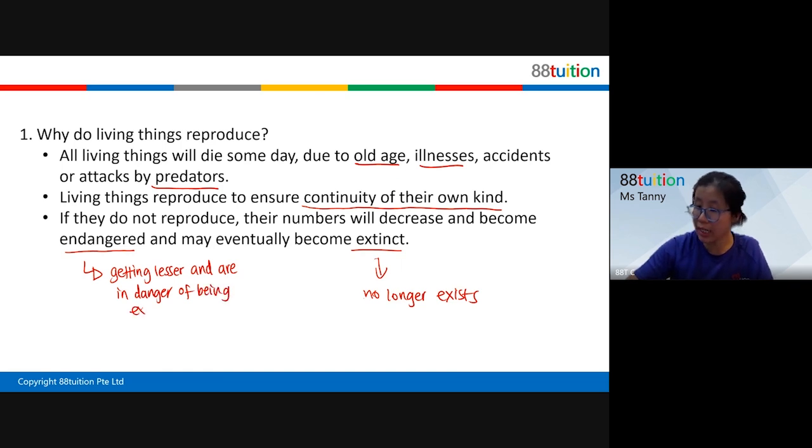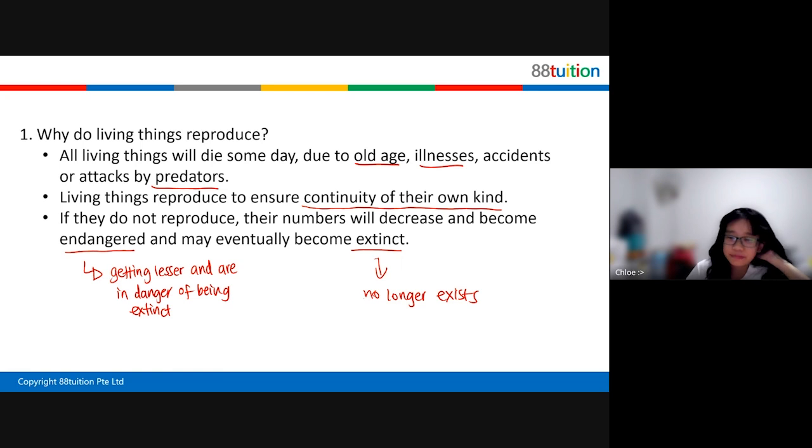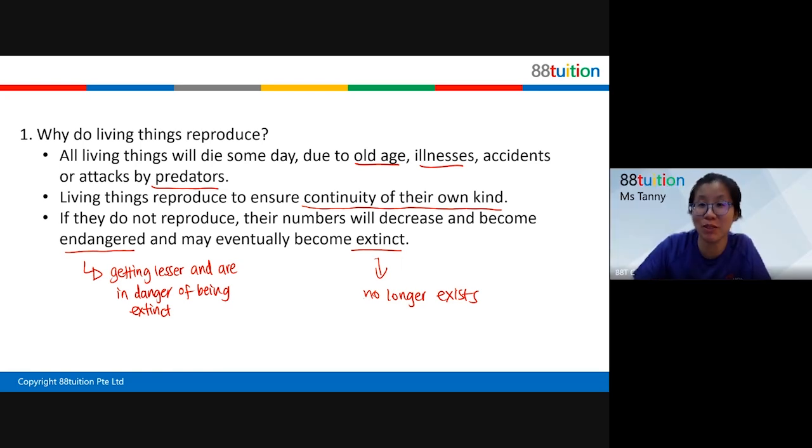Which are the endangered animals that you know? Meaning they are going to be extinct, but they are not extinct yet. What kind of animals? Have you been to the zoo? Which animal in the zoo do you think is going to be extinct? Maybe some birds. Definitely there will be some birds, but one famous one is the one that everybody likes. Do you know who is Kai Kai and Jia Jia?